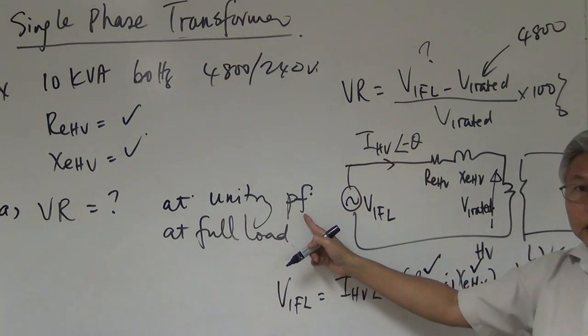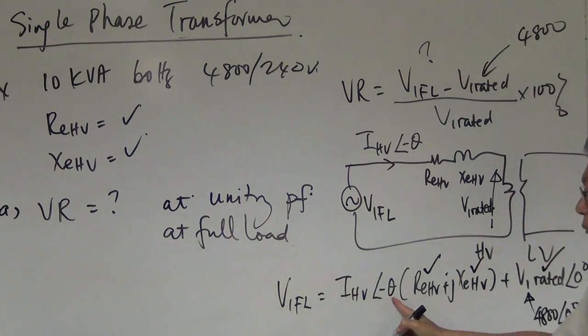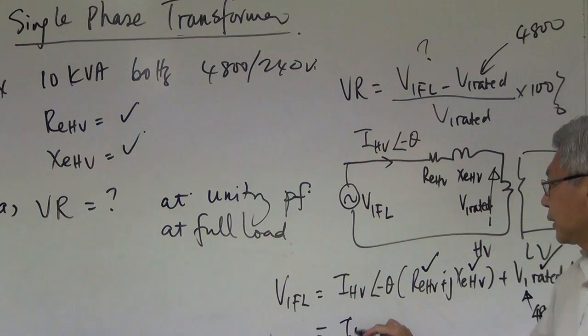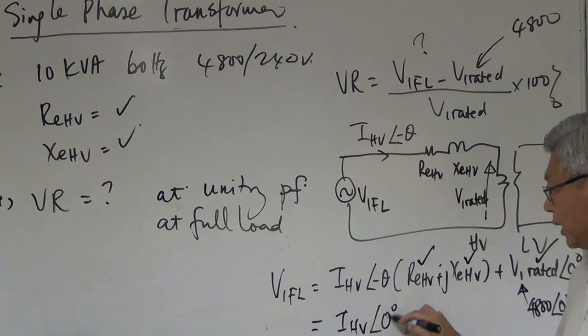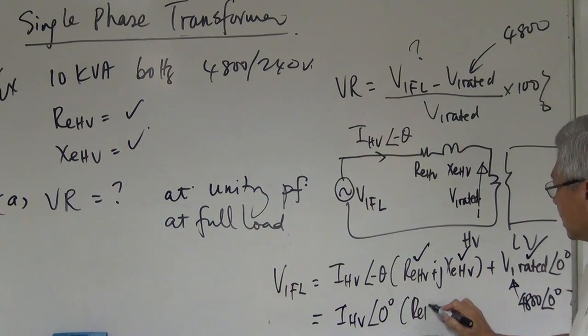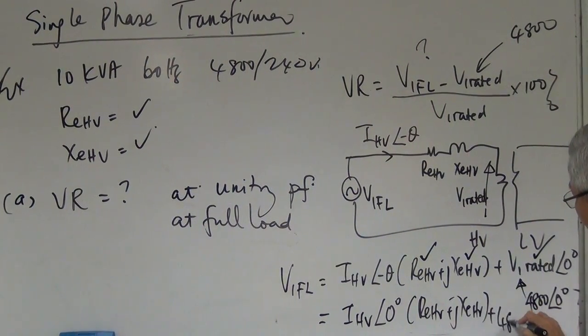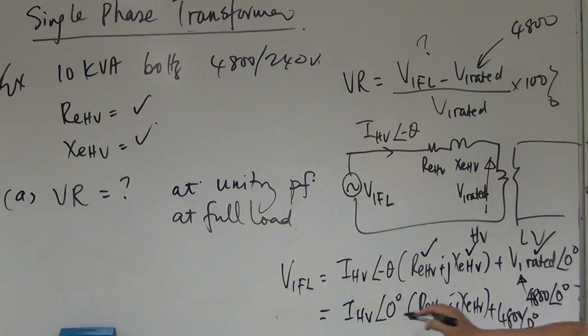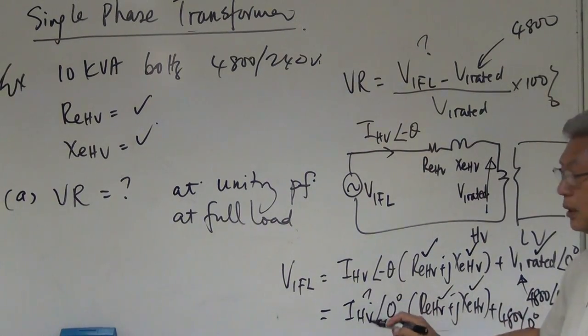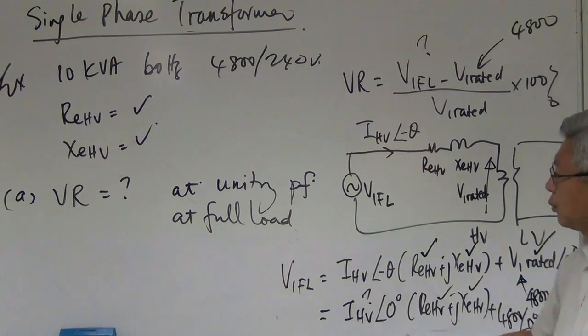Now it is at unity power factor. From your EChem, you know that at unity power factor IHV is at 0 degree. So this plus this plus 4800 at 0 degree. It's only the current that we do not know. How do we calculate current?